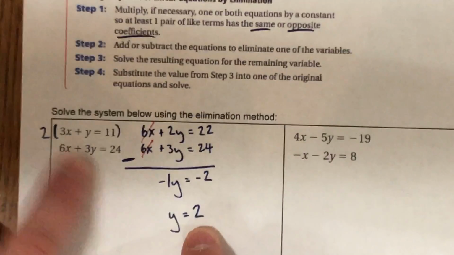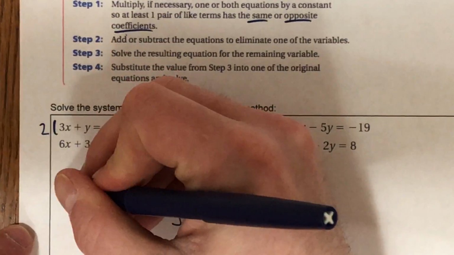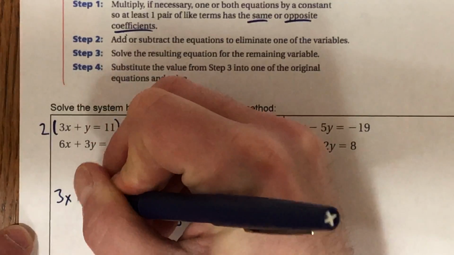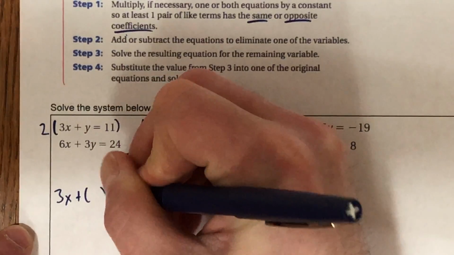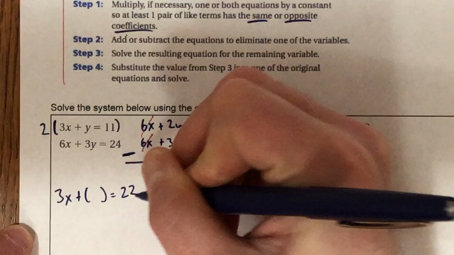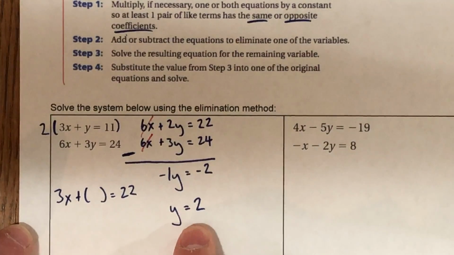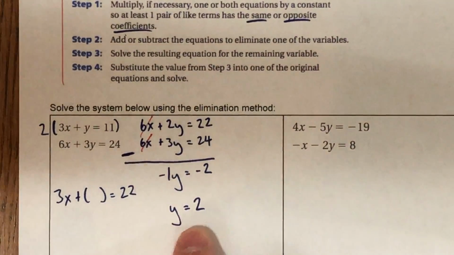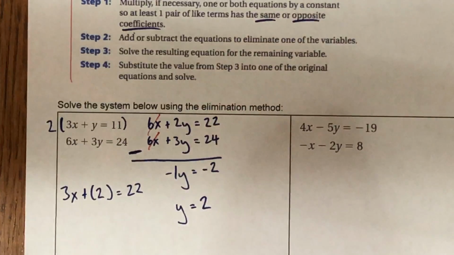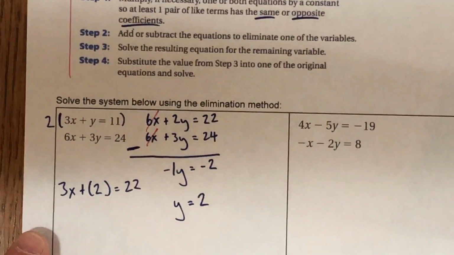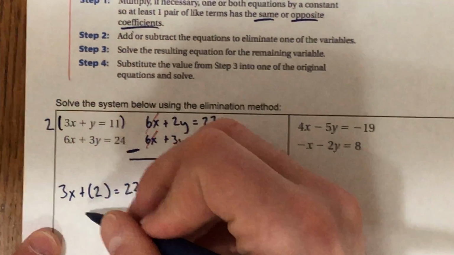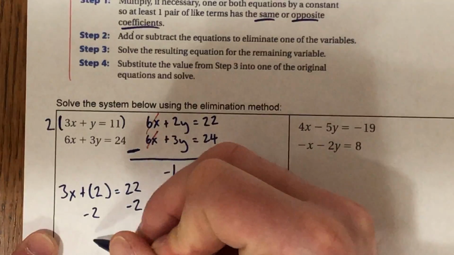Step 3, I'm going to take this y value and substitute it into my original equation. So this is 3x plus y equals 11. Now I want to get the x by itself, same as I've been doing. Let's subtract 2 from both sides.